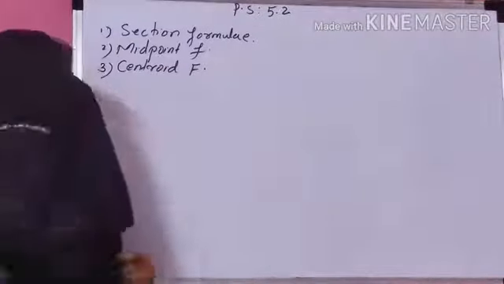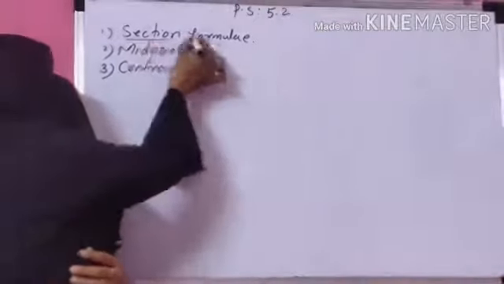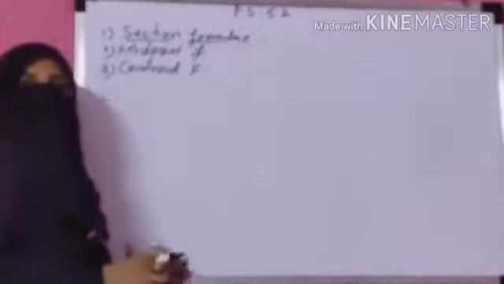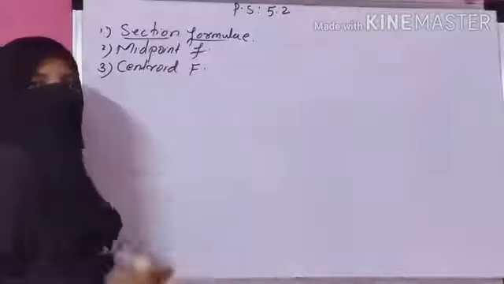Okay. Let's discuss one by one. First is section formula. Suppose a point intersects a segment or divides a segment in a ratio, then we have to apply the section formula.